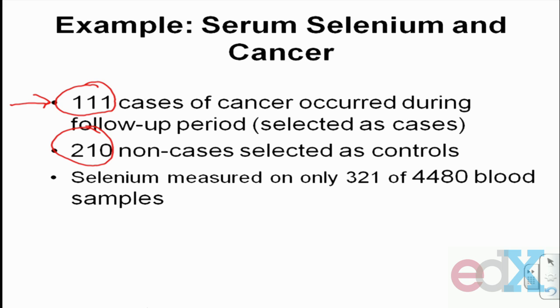So in total, he only ended up analyzing 321 of the 4,480 blood specimens that were available to him, analyzing the bloods of all the cases who developed cancer and a sample of the other people who did not develop cancer. Well, it's very efficient. He's only analyzing 321 blood specimens rather than the 4,480.